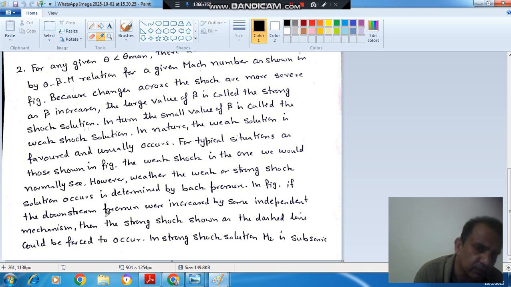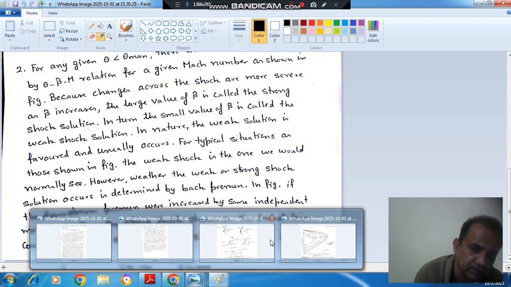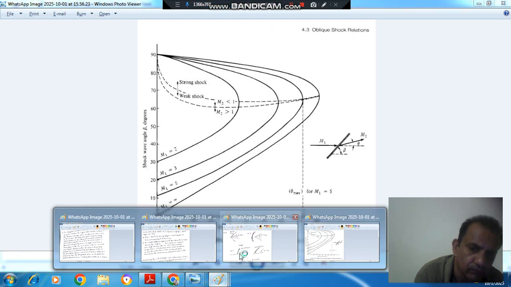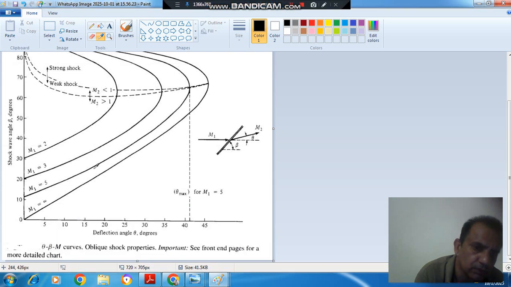In the figure, if the downstream pressure were increased by some independent mechanism, then the strong shock shown by the dashed line could be forced. So if the pressure is very high, then this strong shock can also occur. According to 15 degrees, this strong shock will occur if pressure is very high.